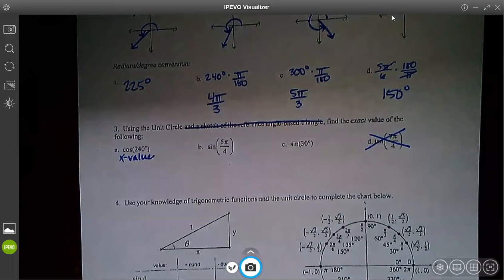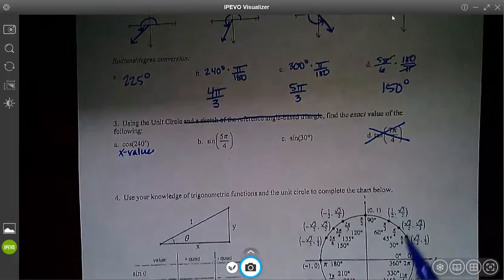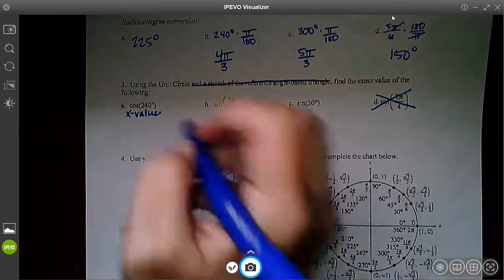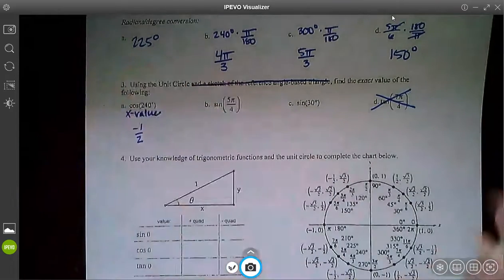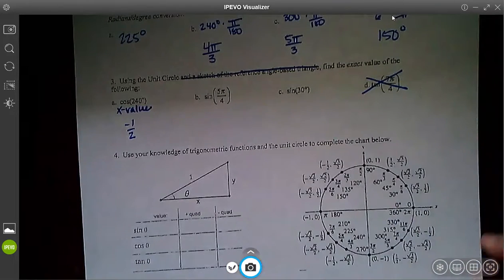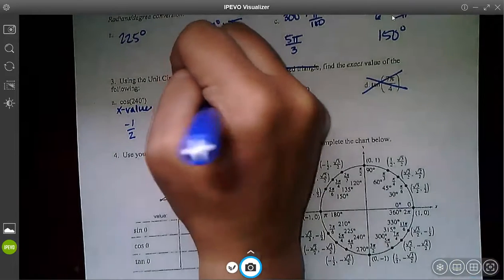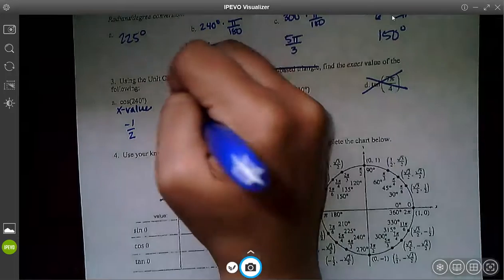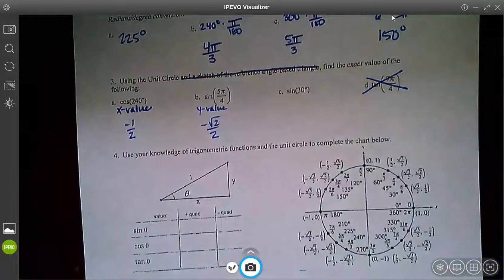Using your unit circle, which is listed down here, at 240 degrees, your x value there is going to be -1/2. 5 pi over 4 is right here. Sine is your y value. So my y value at 5 pi over 4 is -√2 over 2.